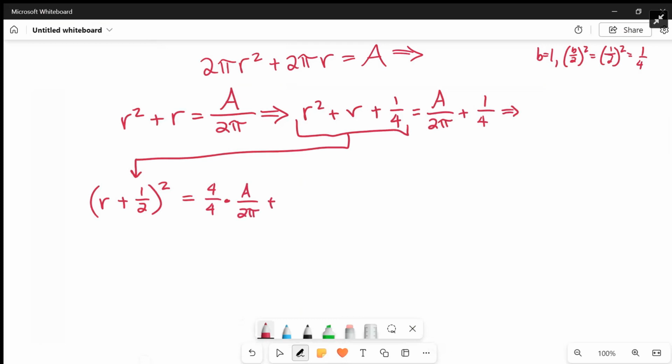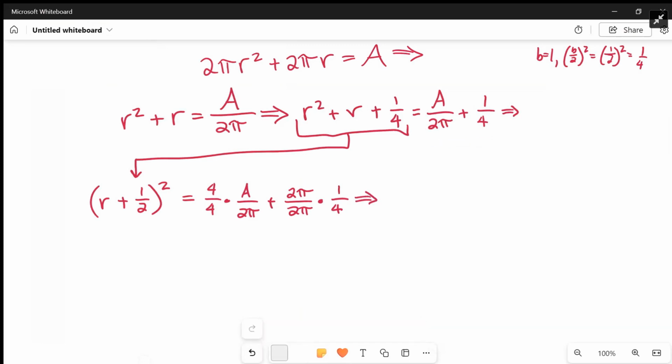Going forward, we have to multiply 4 over 4 times a over 2 pi in an effort to make it so that we can add it to that 1/4. The thing lacking from the 1/4 is the 2 pi, so we multiply it by 2 pi over 2 pi. As a reminder, we are not changing the value of either of these fractions. We're just making it so we can get a common denominator.